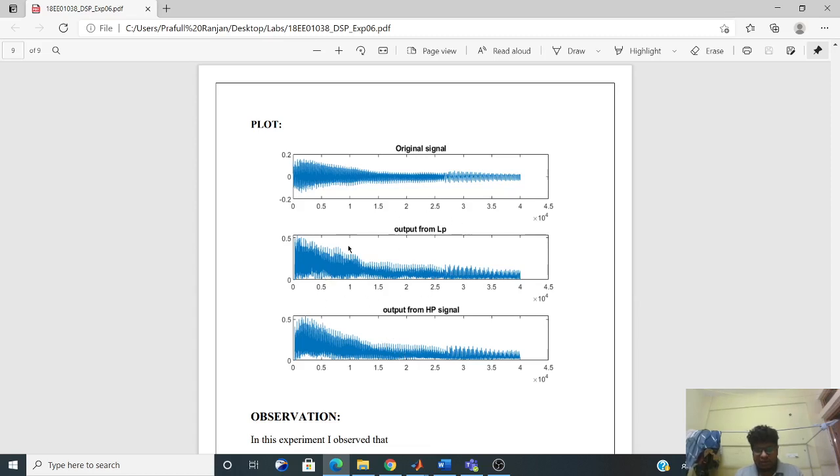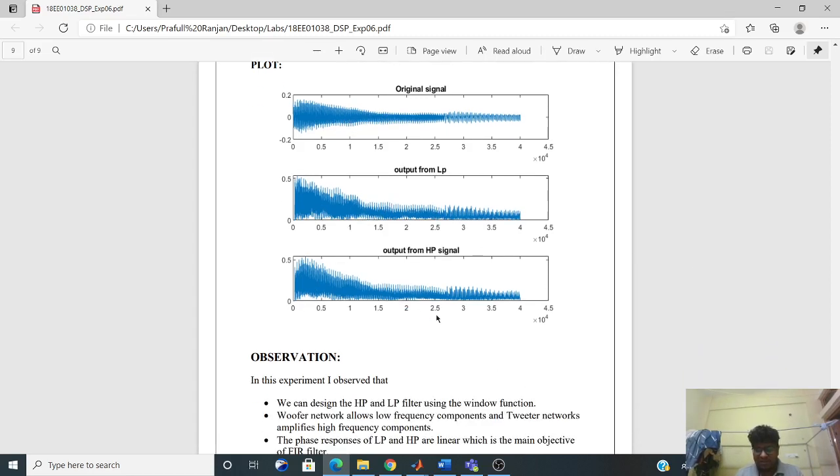We can clearly see the difference. The low pass filter allows only low frequencies and attenuates high frequencies, and the high pass output is just the opposite: it allows high frequencies but attenuates low frequencies.